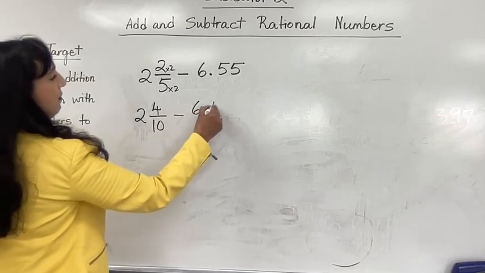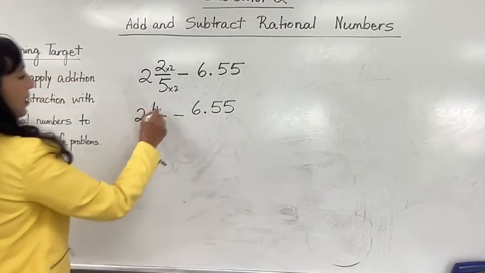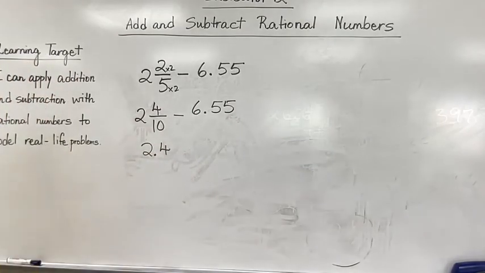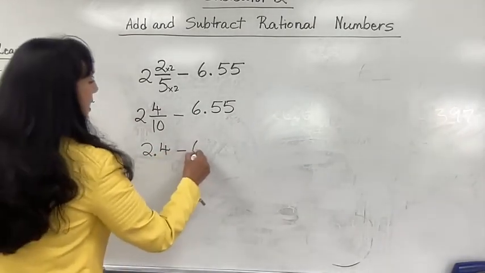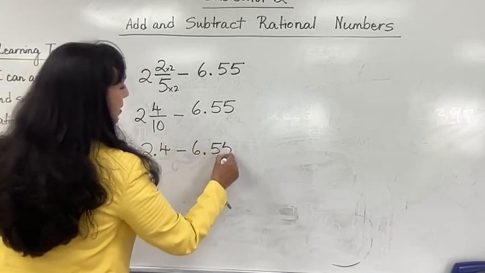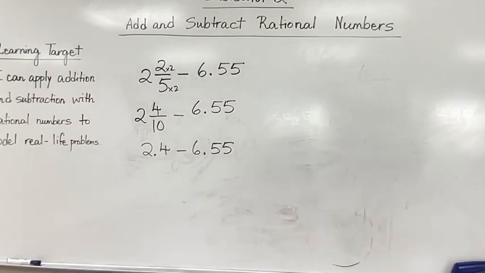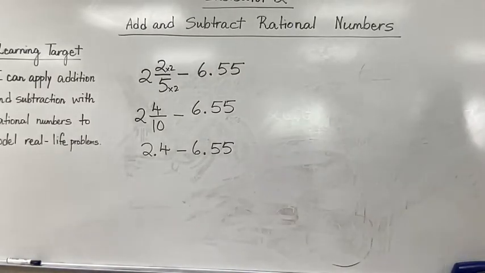Minus 6 and 55/100, and this means 2 and 4/10 minus 6 and 55/100. Now that we have exactly the same format, it is going to be so much easier to calculate these numbers.